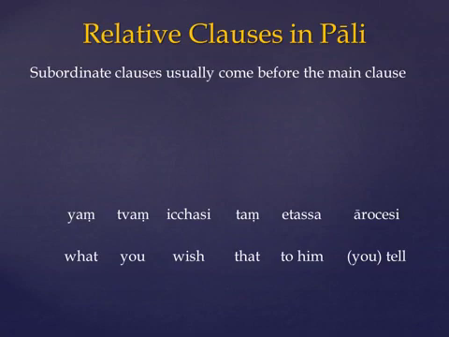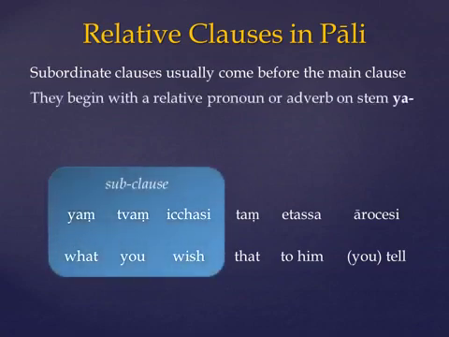Now, like English, a subordinate clause will begin with a relative pronoun or relative adverb. And in Pali, relative terms are formed on the stem ya. In English, relative pronouns have a similar form to interrogative pronouns: who, where and when, etc. But in Pali, relative terms are on a separate stem.